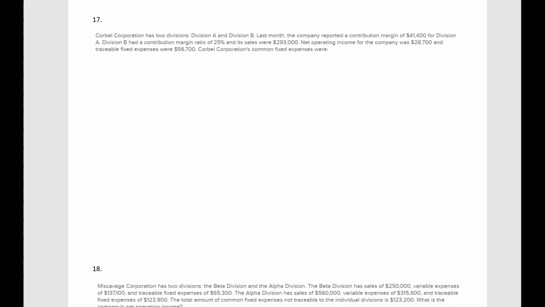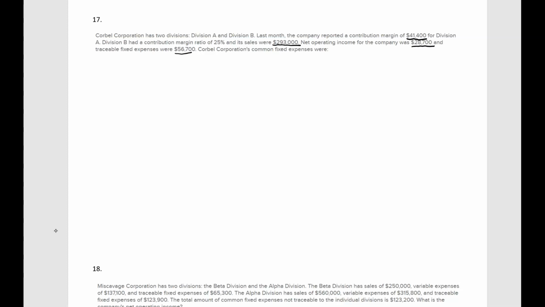Okay, 17. We are given some pieces of information. We're given 41,400, and we know that sales is 293,000, and operating income is 28,700.